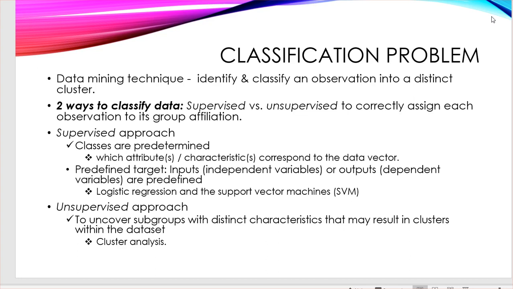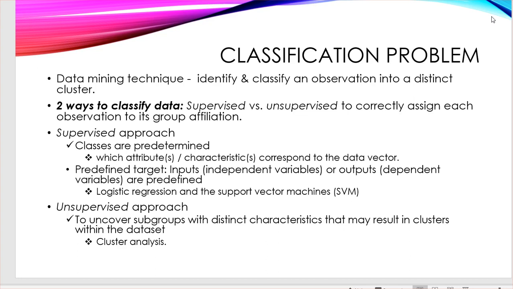If you are familiar with especially the logistic regression, I'm sure you know the dependent variables are predetermined or predefined when we use the logistic regression, and the independent variables are also predetermined. We operationalize our variables in such a way to indicate what represents a heavy drinker, a binge drinker, a light drinker, a non-drinker.